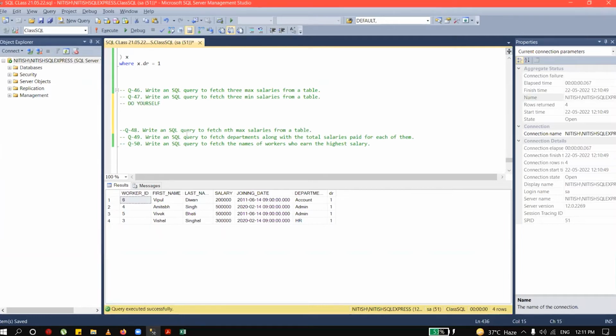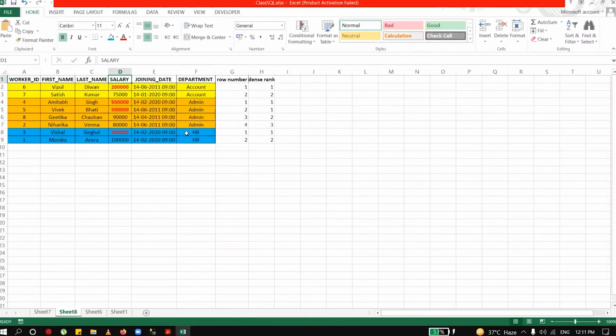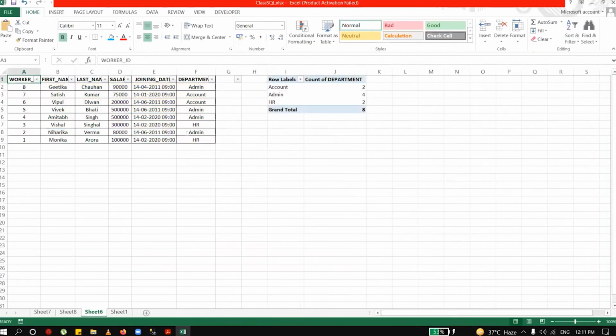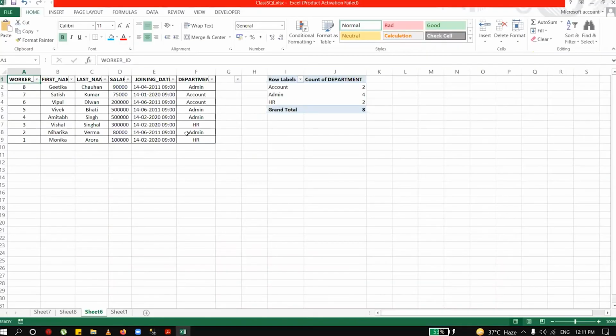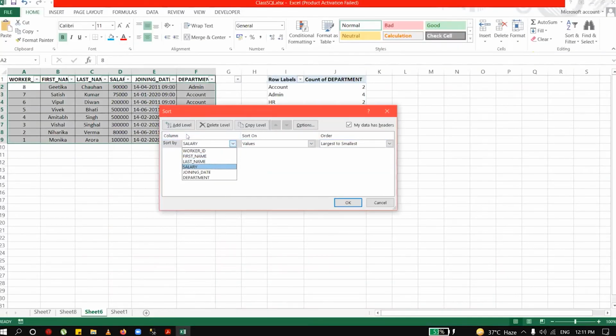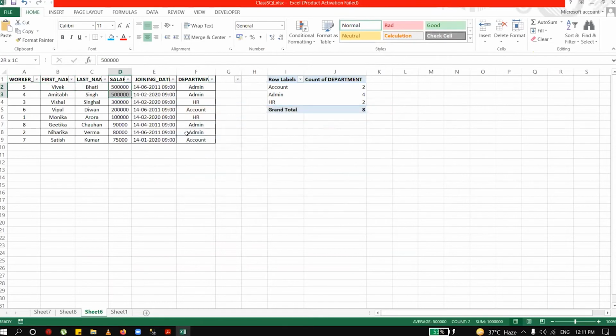Easy to pick up. Nothing complex over here also. Top 3. With this, I'm just giving you an Excel view of how it looks. So if the question is to fetch 3 maximum salaries, I'm going to order on the basis of salary and take the top 3 records.